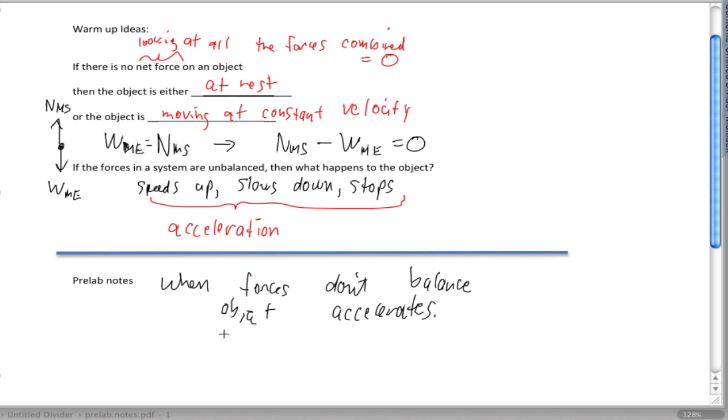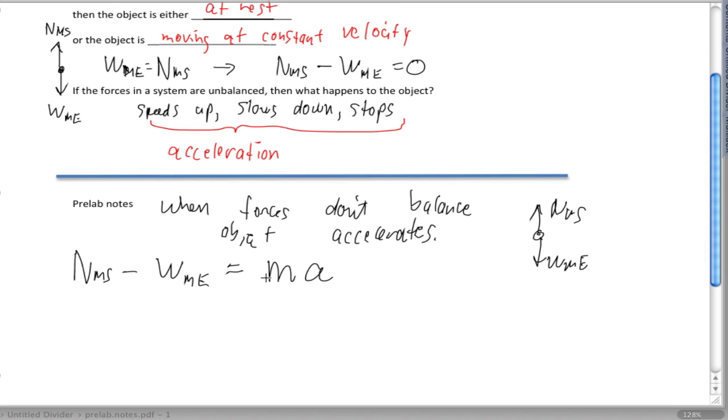So in other words, for this specific lab, I've got a normal force pointing up, a weight pointing downwards, and when that elevator just starts moving or just stops moving, those forces no longer balance. And so the effect is, in fact, that the mass accelerates.